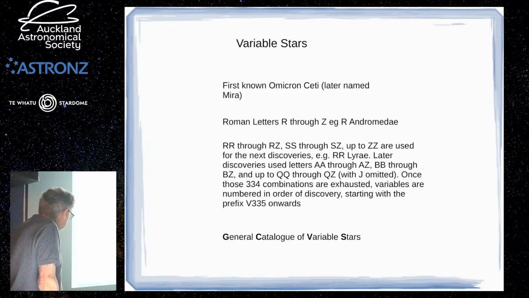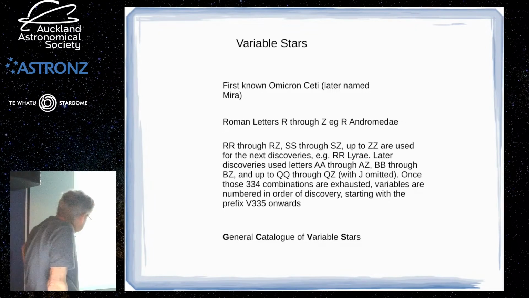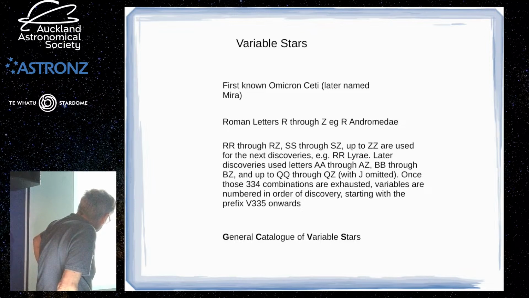If you see a capital Roman letter, or two letters like that, or the prefix V followed by a number, it indicates that it's a variable star, or a known variable. And so that'll appear in different catalogues of variable stars.